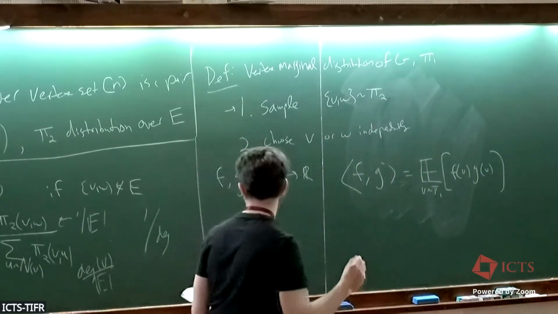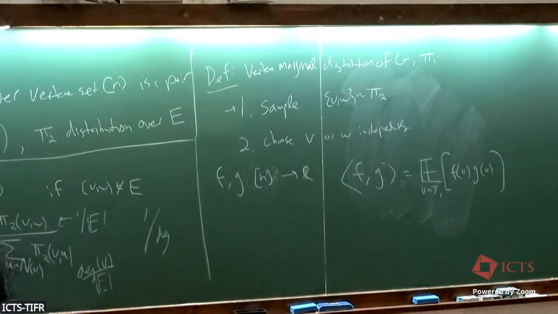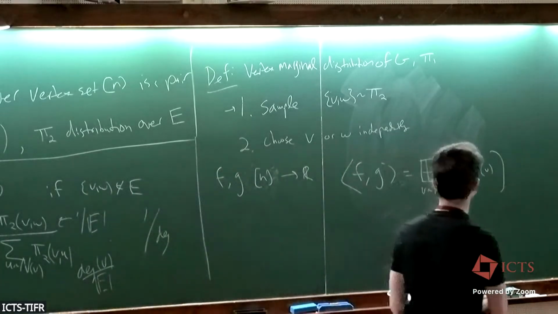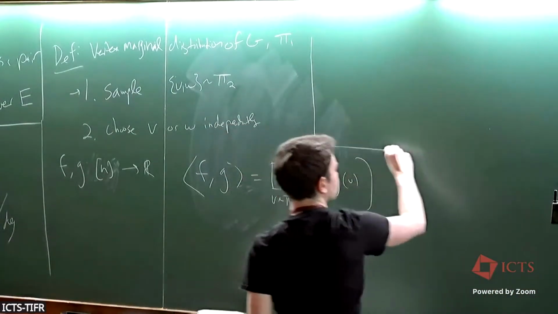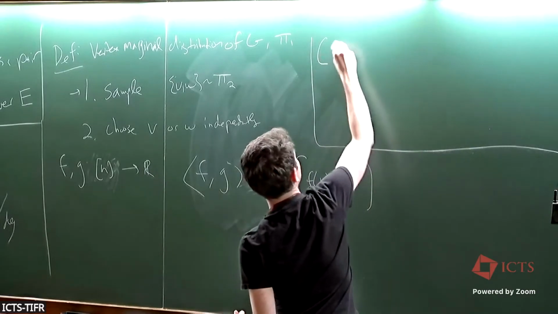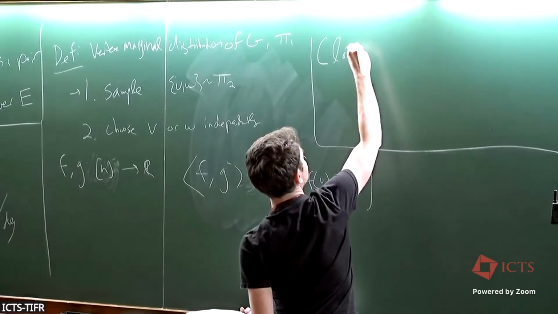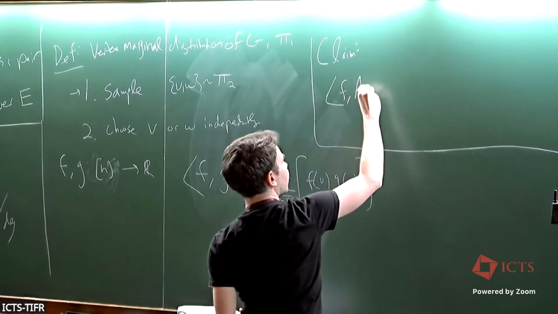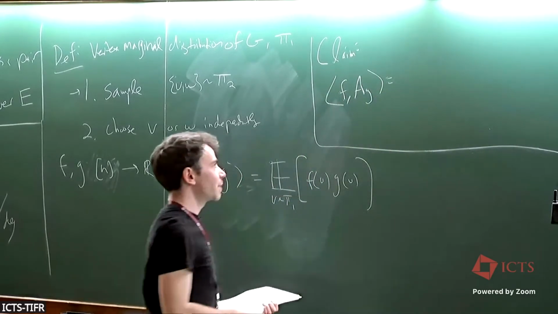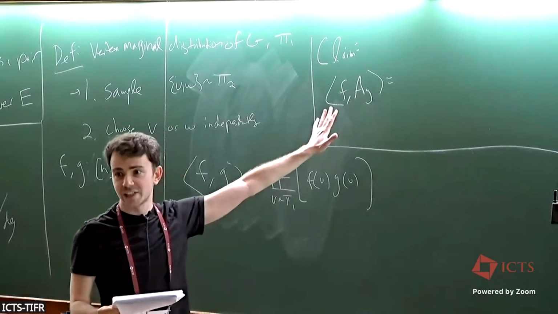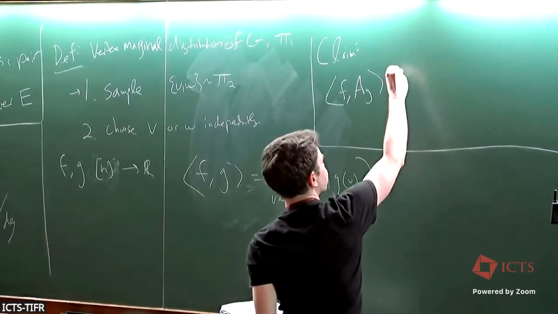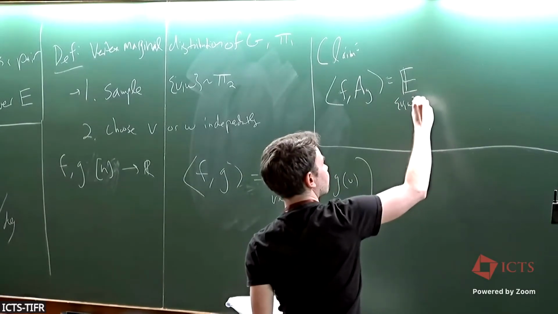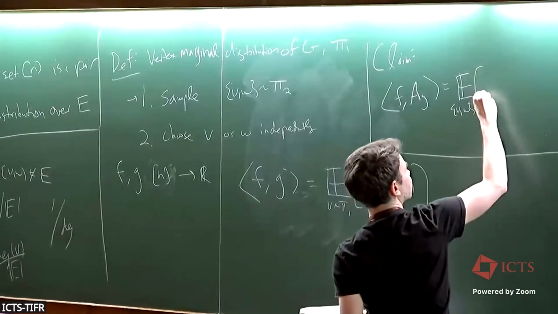Okay, and the claim is that A is self-adjoint with respect to this inner product. In particular, we claim that <f, Ag> is just the expectation of f times g across an edge in the graph. This is the expectation over an edge.